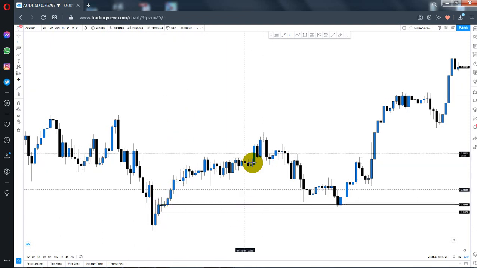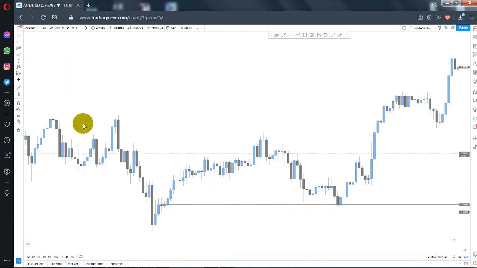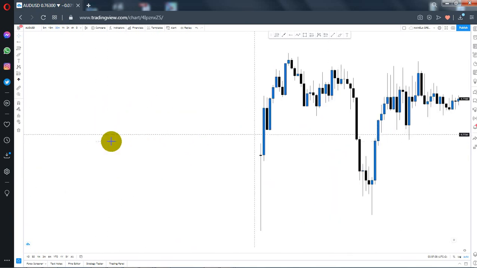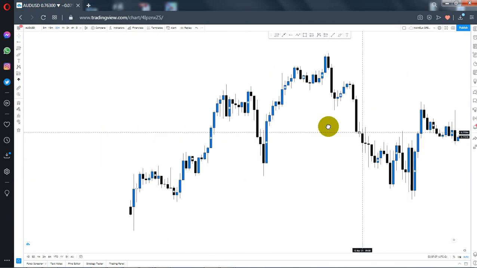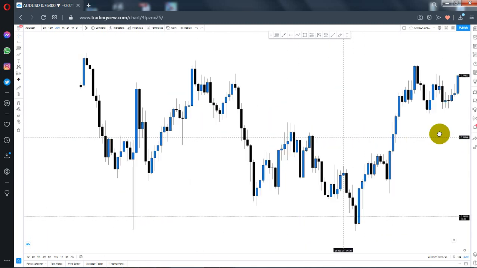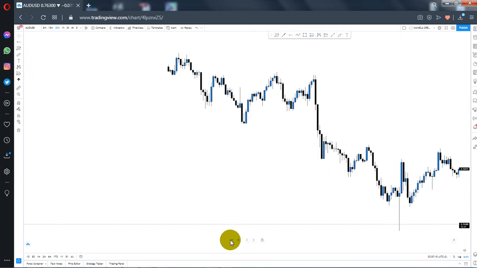Then from there you go to a smaller time frame. Let's go to 30 minutes in this one. Let me try to find. Let me just zoom it out to save time.